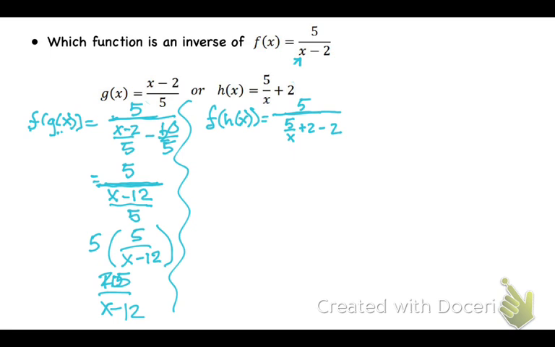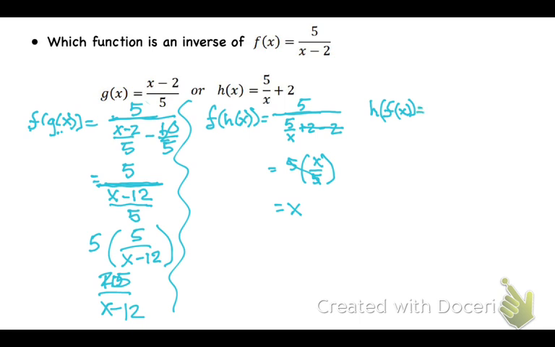Well, this is nice because the plus 2 minus 2 in the denominator zero out. So I have 5 over x. So now I multiply by the reciprocal. So I have 5 times x over 5, which reduces to just x. So that way worked. So now I have to do h of f of x. I have to show both.